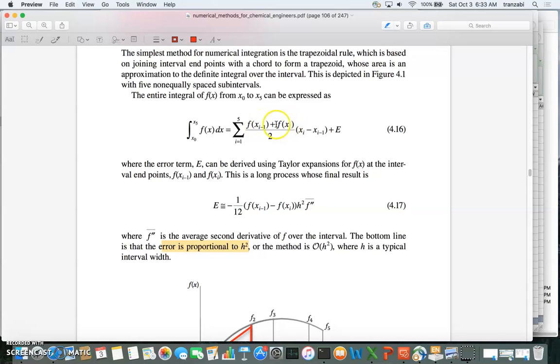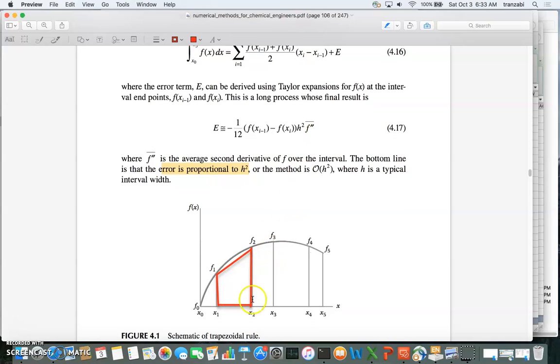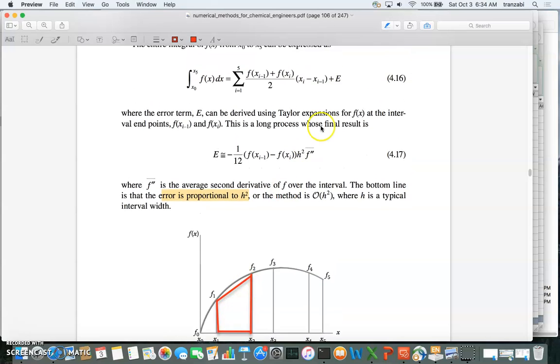We get the sum of the two, and then we multiply by half of the height. Let's say this is xi, this is xi minus 1. The difference between these two is delta x, divided by 2, which gives half of the height. So from here to here, that is the area of the trapezoid.